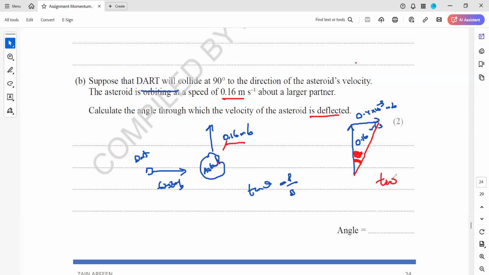So if we need theta, it will be tangent theta, which is perpendicular divided by base. What is the perpendicular? Opposite to the angle, we have the perpendicular. So it is 0.4 into 10 to the power minus 3 and the base is 0.16. Then take tan inverse. So theta is equal to tan inverse of 0.4 into 10 to the power minus 3 divided by 0.16.